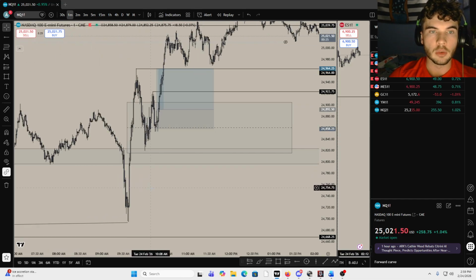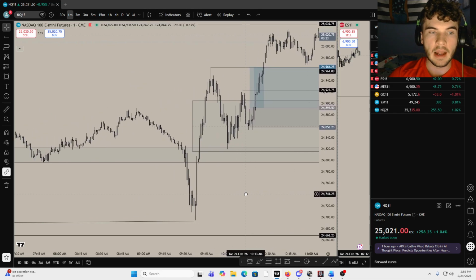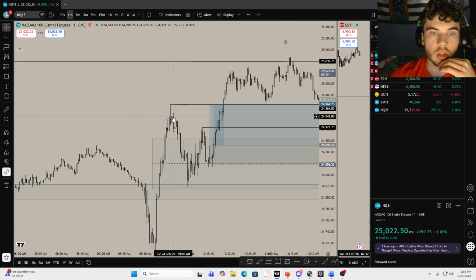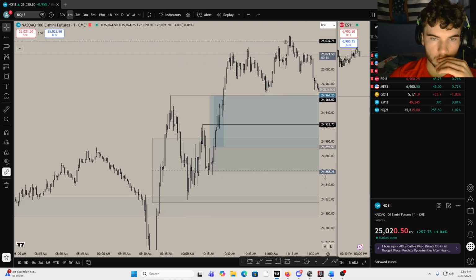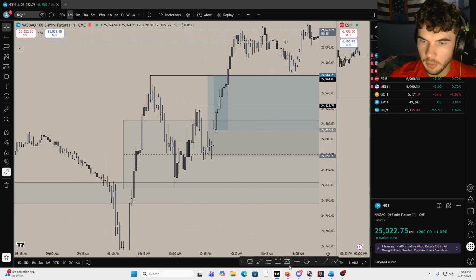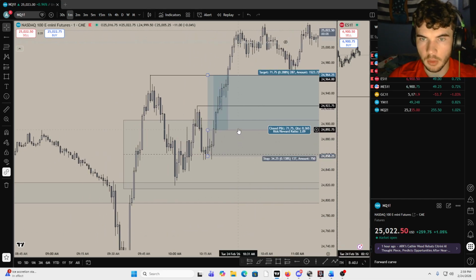So if I go to the 1 minute here, the SMT holds. I'm just trying to remember because I took two trades. Yes, this is my first one. We'll get rid of this.